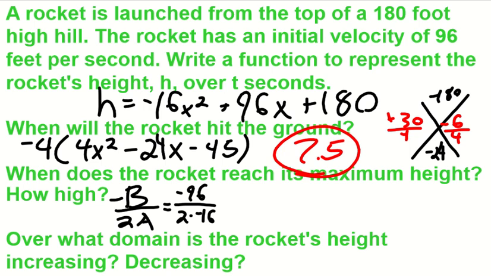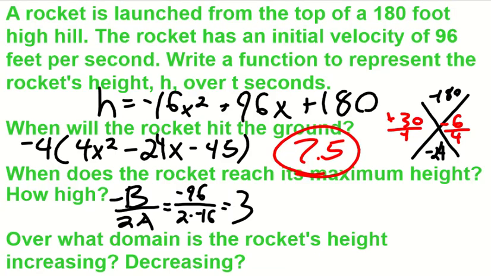And we got... Evelyn? 3 is correct. So when you plug the stuff in, you got negative 96 over 2 times negative 16. So that's negative 96 over negative 32, right? Everybody okay with that?